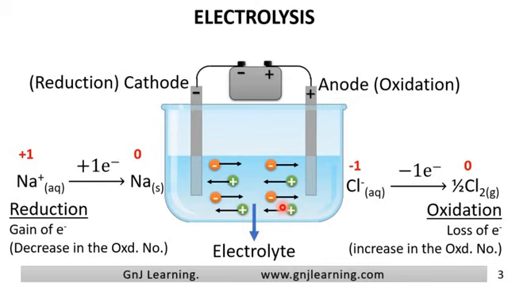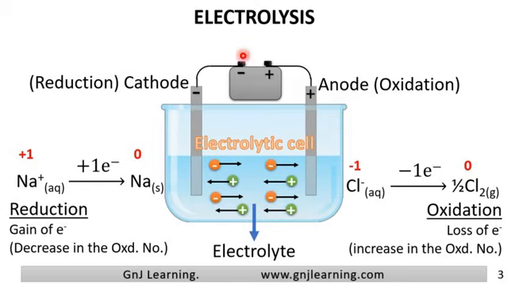Reduction and oxidation will happen only if you pass electricity through it. That means electrical energy is used to conduct a non-spontaneous redox reaction. In the previous slide we have seen the device used for that, which is called an electrolytic cell. So this part of the chamber is called the electrolytic cell.